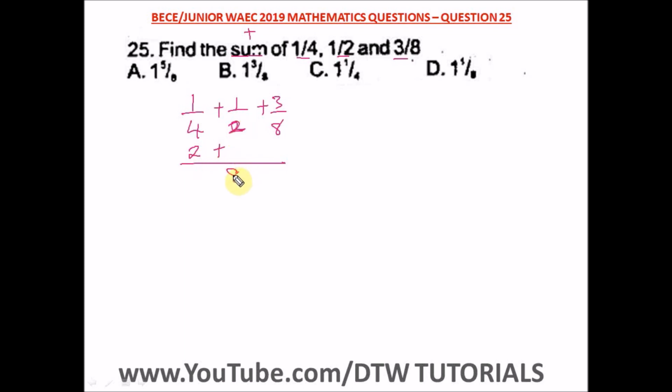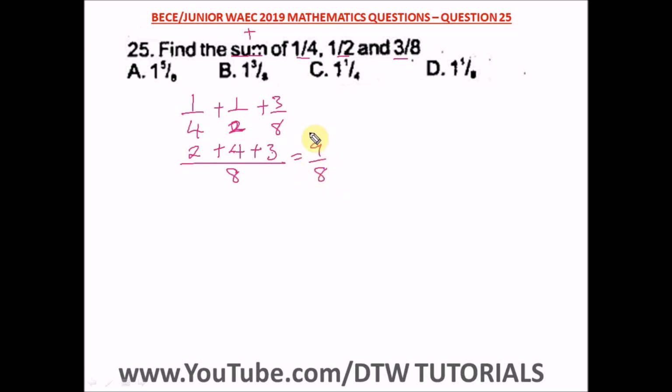Plus 2 in 8 will go how many times? 4 times, and 4 times 1 will give us 4. Plus 8 in 8 will go 1 time, and 1 times 3 will be 3. So from here, what do we have? We have 2 plus 4, which is 6, and plus 3, which will give us 9. So we have 9 over 8.